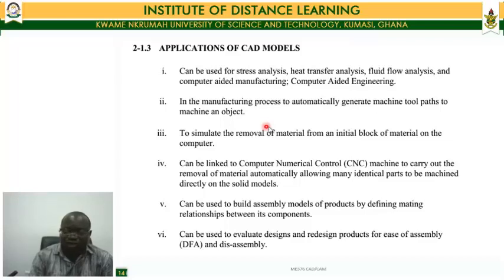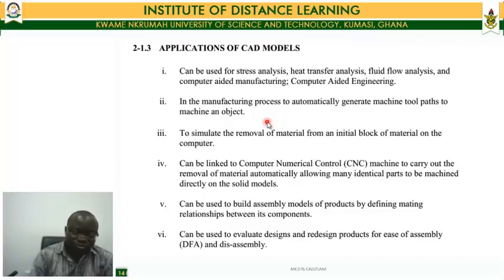Now, in the manufacturing process, you can also use the CAD model to automatically generate the machine tool path for machining an object. That is, if you want to use a CNC machine, you can use your drawing to generate the CNC codes for the manufacturing to proceed.